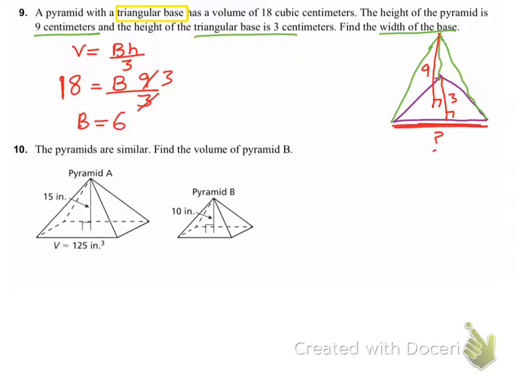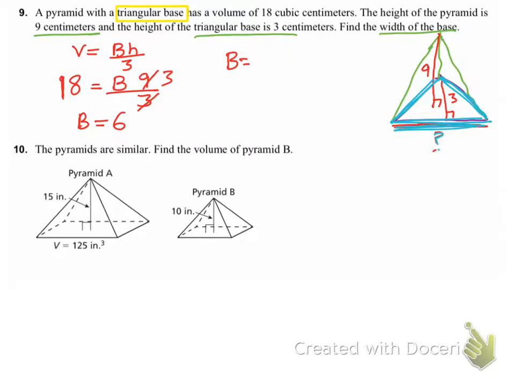Once you get your base area, base area is 6. Now I'm just looking at the bottom one. If this is the triangle, I know the area of this triangle is 6 and I know the height is 3. What's the base here? Simple question.